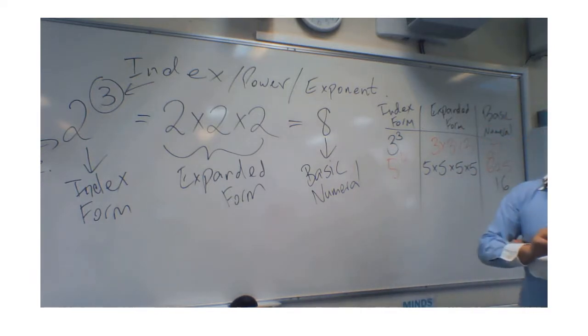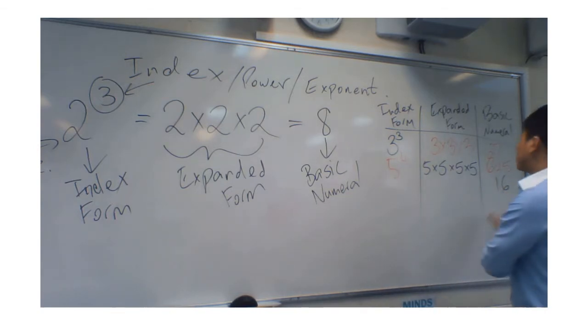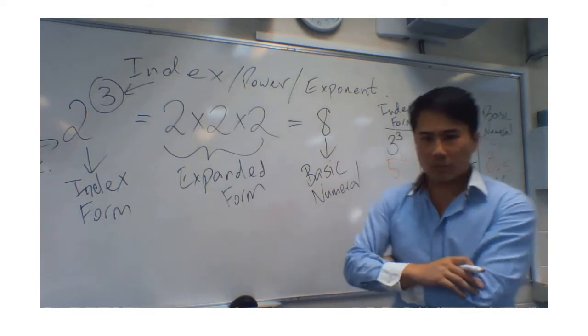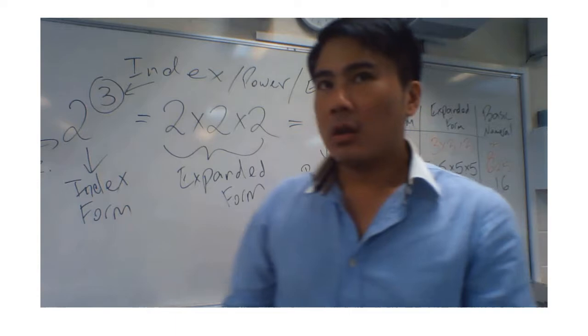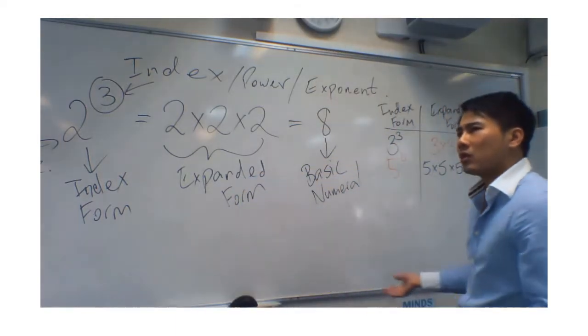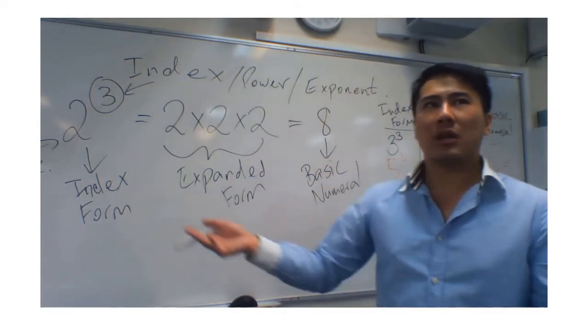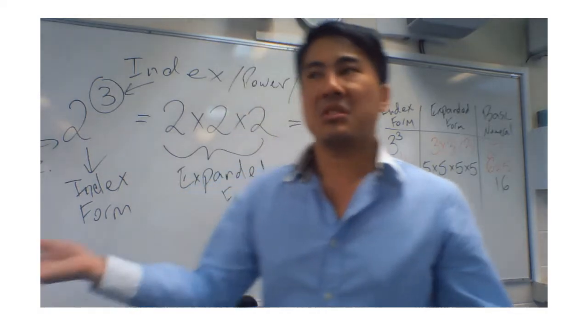Alright, so this last one is slightly trickier, 16. How do we express 16 in index form or in expanded form? What is 16? Well, 16 is 8 times 2. And what's 8? 8 is 2 times 4. And what's 4? 2 times 2.